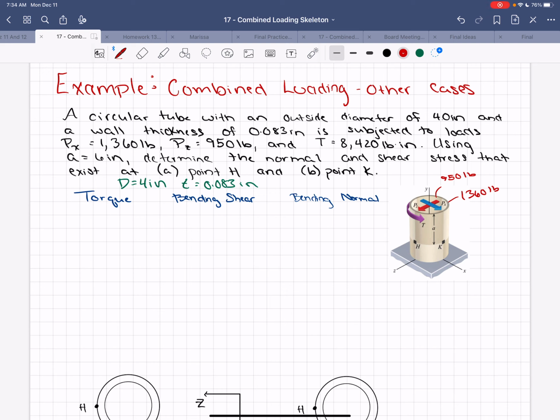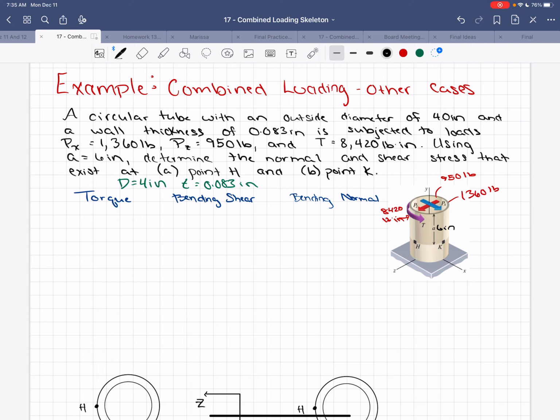And the torque is a moment, so that's here, and that's 8,420 pounds times inches. Then it tells us that a is 6 inches, and we're supposed to determine the normal and shear stress that exist at point H and point K.